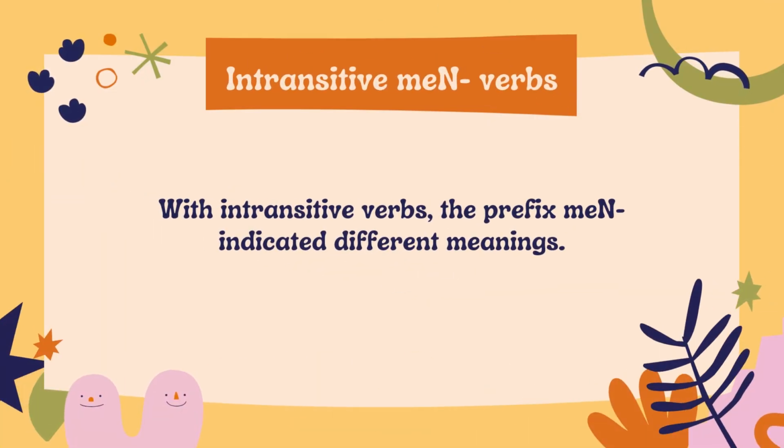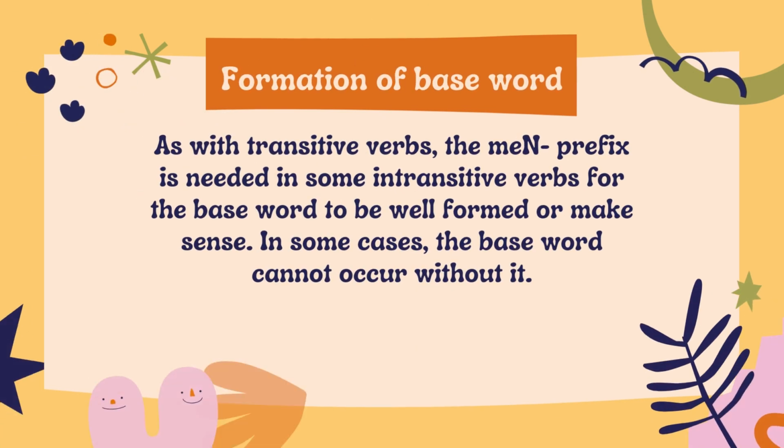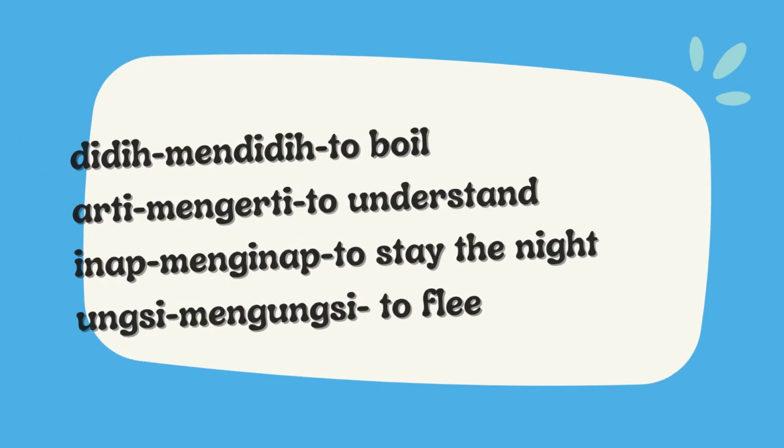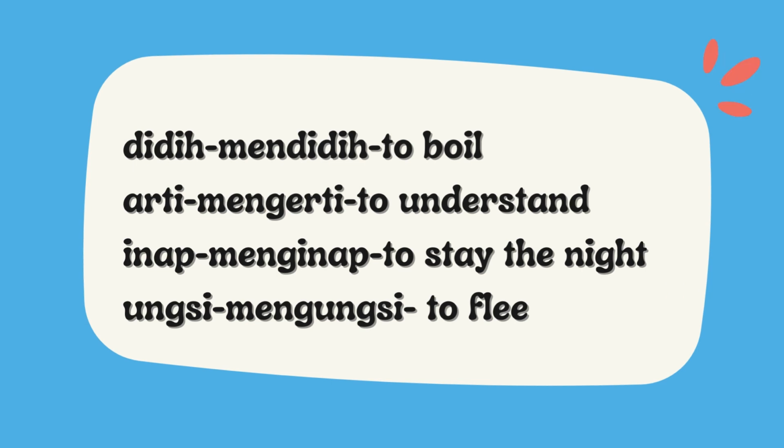Intransitive men- verbs. With intransitive verbs, the prefix men- indicates different meanings. Formation of base word. As with transitive verbs, the men- prefix is needed in some intransitive verbs for the base word to be well formed or make sense. In some cases, the base word cannot occur without it. Didih, mendidih: to boil.